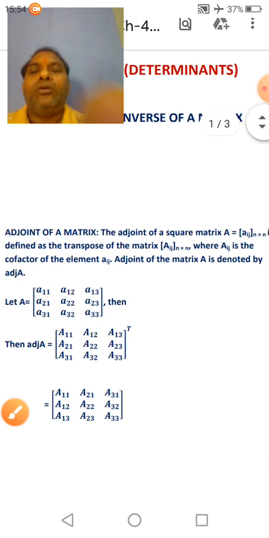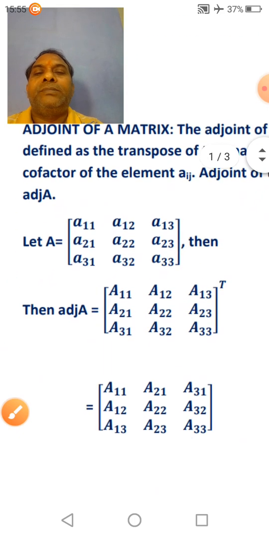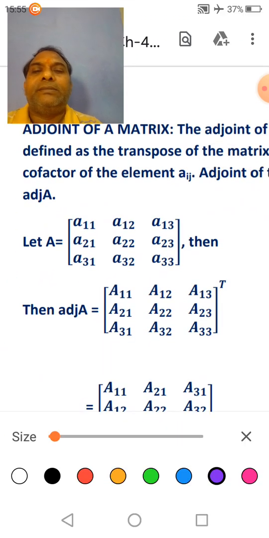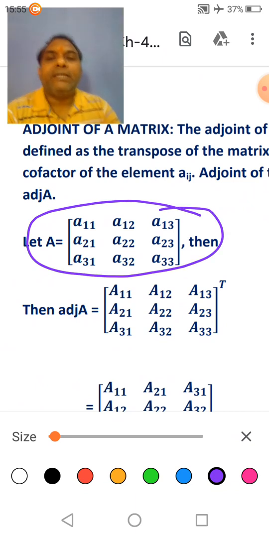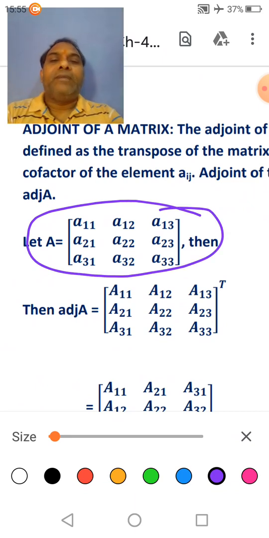Now see here, matrix A has elements A11, A12, A13 row-wise, A21, A22, A23 and A31, A32, A33.